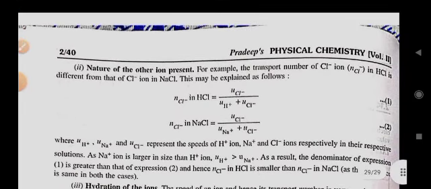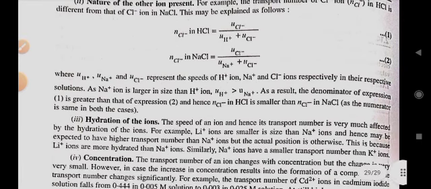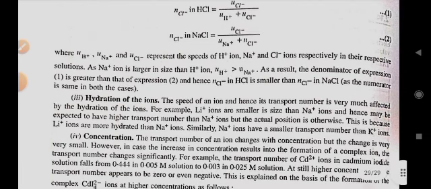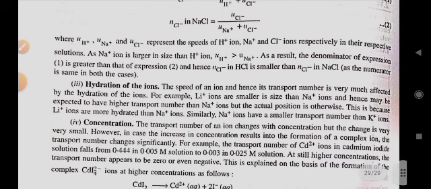Nature of the other ions present. For example, the transport number of Cl- ion in HCl is different from that of Cl- ion in NaCl. This may be explained as follows. N of Cl- in HCl is equal to U Cl- upon U H+ plus U Cl-. N of Cl- in NaCl is equal to U Cl- upon U Na+ plus U Cl-, where U H+, U Na+ and U Cl- represent the speeds of the H+, Na+ and Cl- ions respectively in their respective solutions.